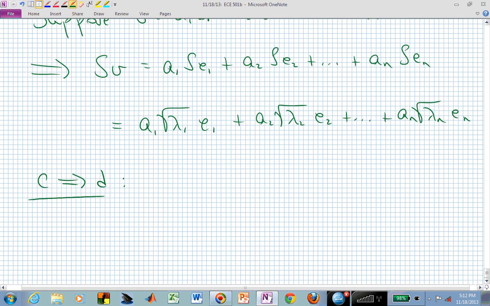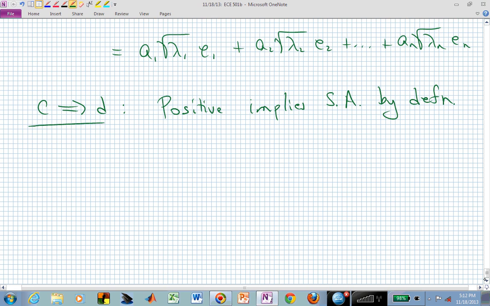But because C says that S is positive, then it's self-adjoint by definition. So this was basically given. C was that S was positive, so positive implies, by definition, that it's self-adjoint. So C implies D.